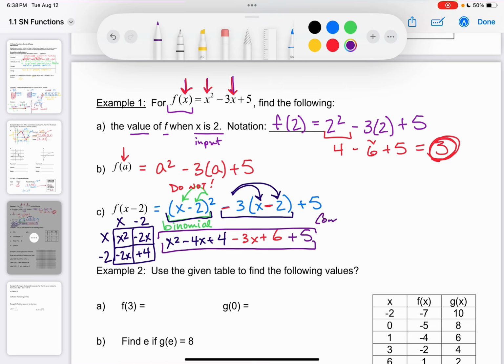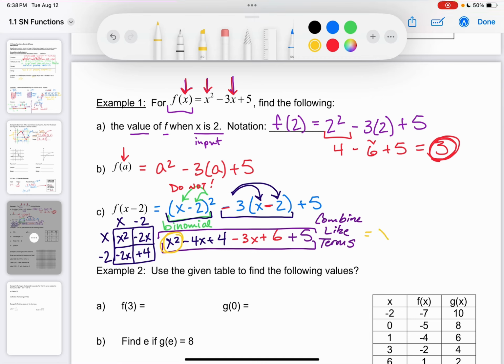Now I need to combine like terms. So I need to combine all the things that have an x squared, all the things that have just an x, and all the things that are whole numbers. So what I'm going to do is start with the x squareds. They're only these guys right here.